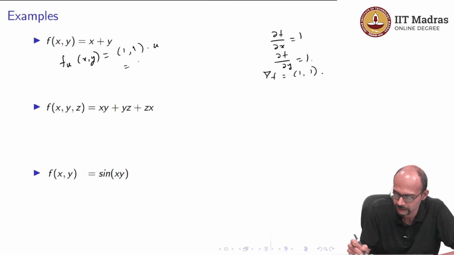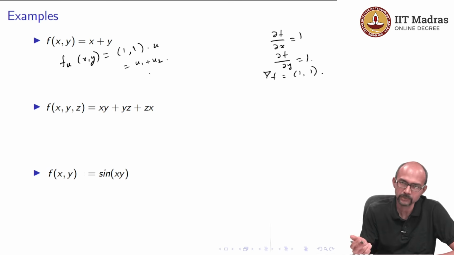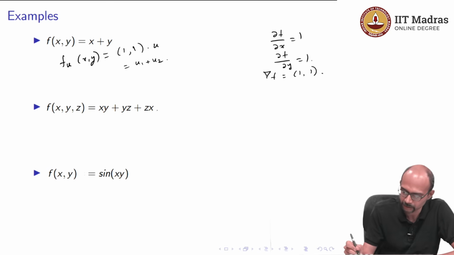So, this is just u1 plus u2, right. If u is u1 comma u2, this is just u1 plus u2, and I suggest you go back to your video on directional derivatives, where we computed this with a relatively longer computation and got the same answer.